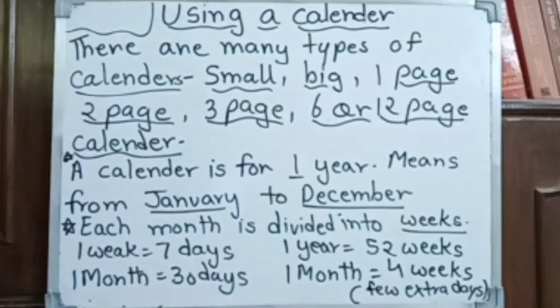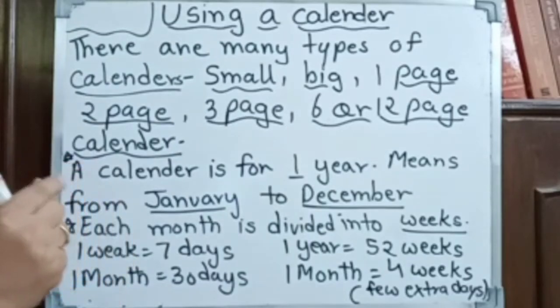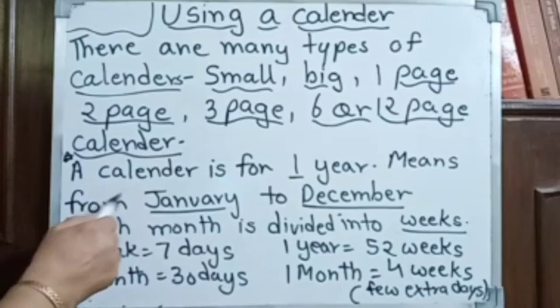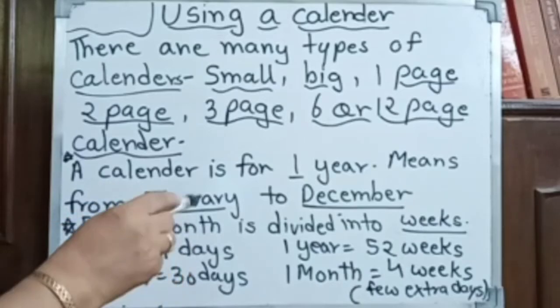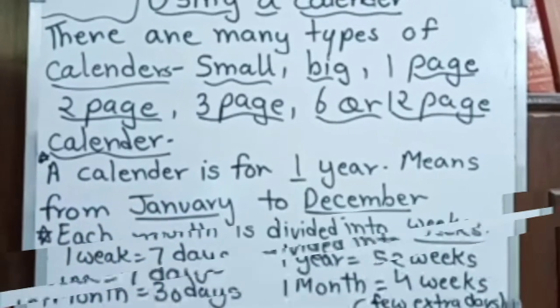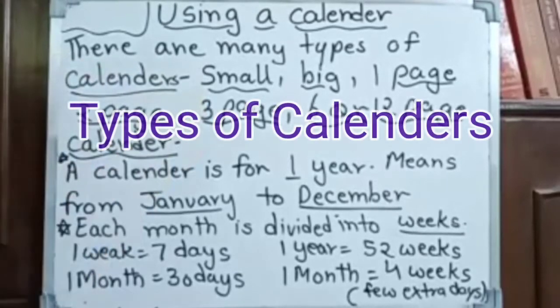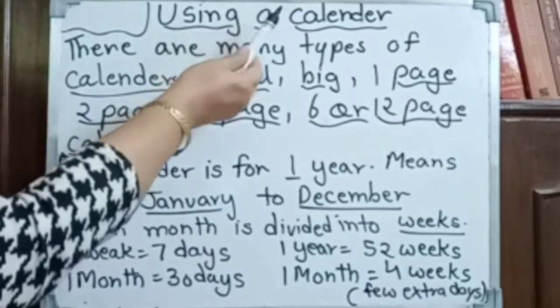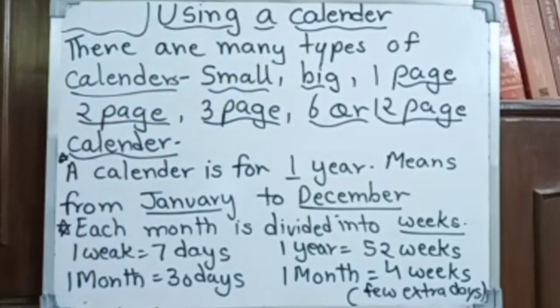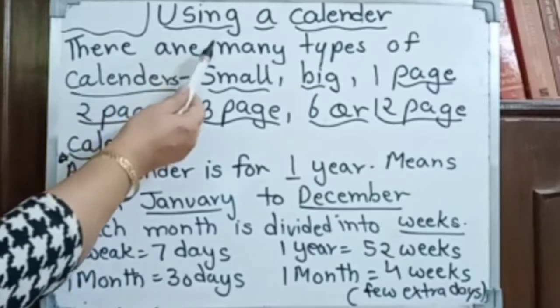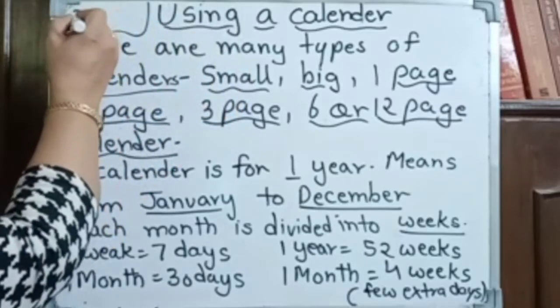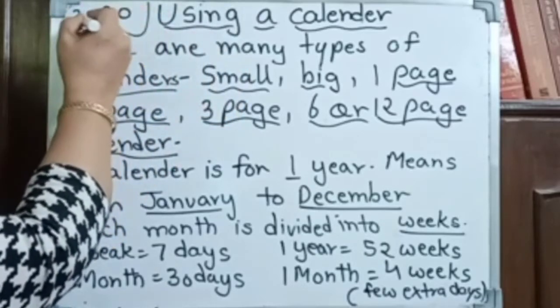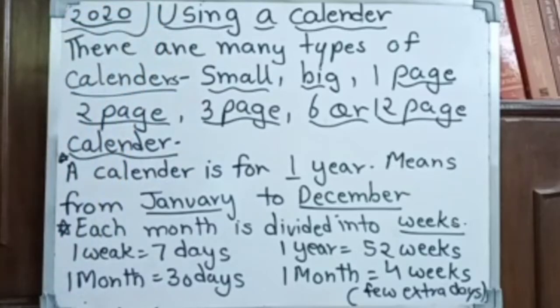Now you search in your home or in the mobile calendar and read all the months of the calendar. As kids, you all know very well about the calendar, as everywhere we have the calendar of the latest year. This is 2020. So everywhere you see a calendar of 2020.